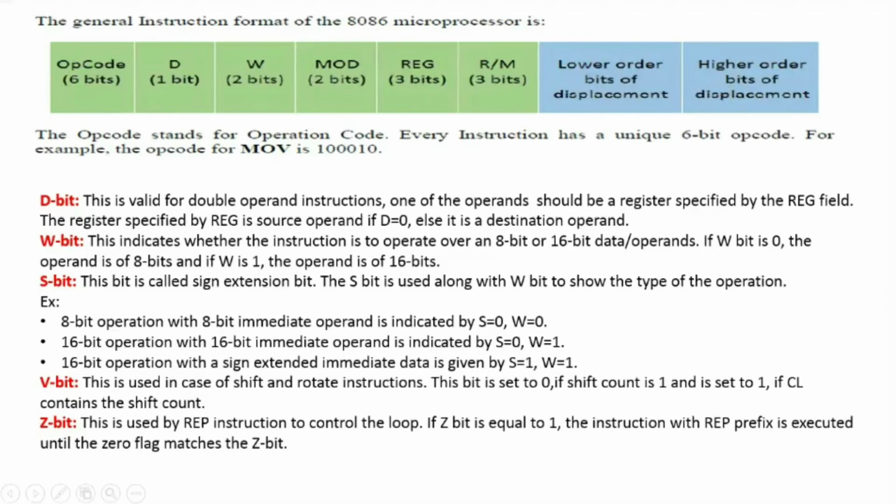I'm going to execute that loop until the value of the Z bit matches the value of the zero flag in the flag register. So this is about the Z bit.